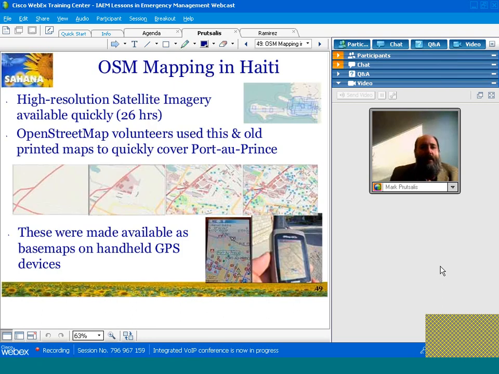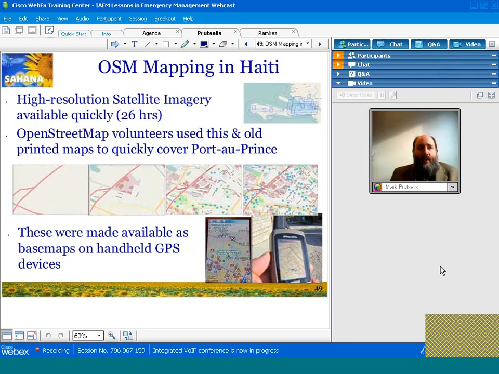So in Haiti, the OpenStreetMap community, global volunteers, used high-resolution imagery, both satellite imagery and some flyover airplane imagery that was made available by the World Bank, to very quickly provide updates of the map of Port-au-Prince in the affected area.